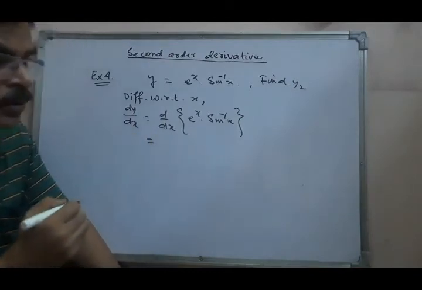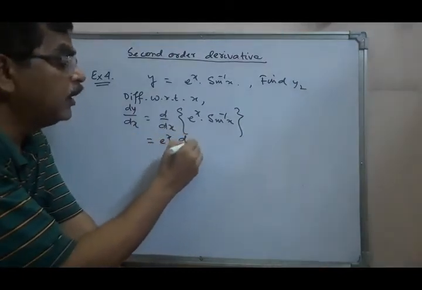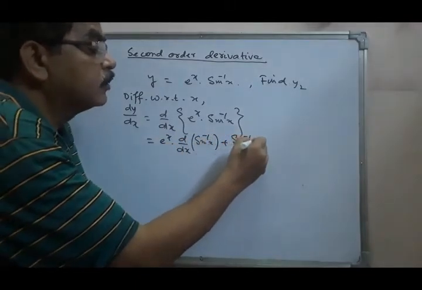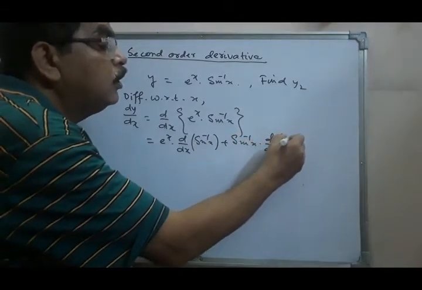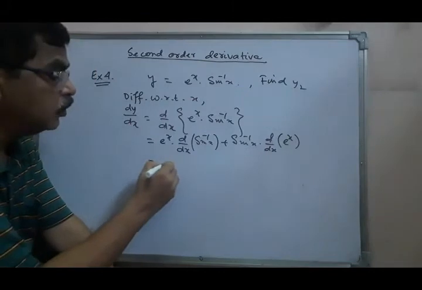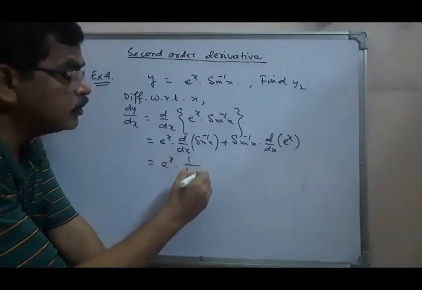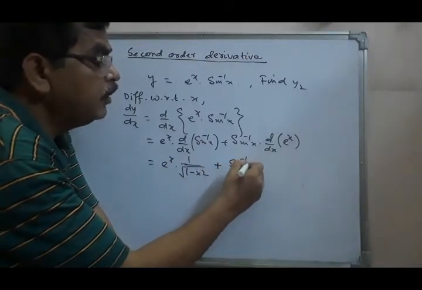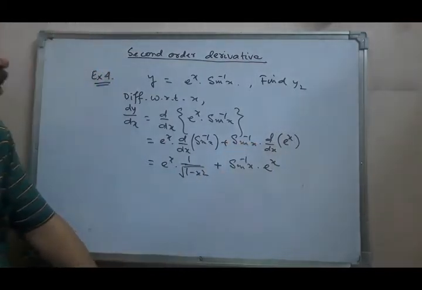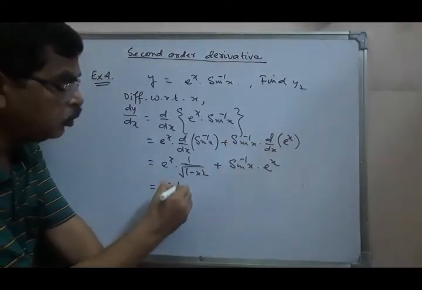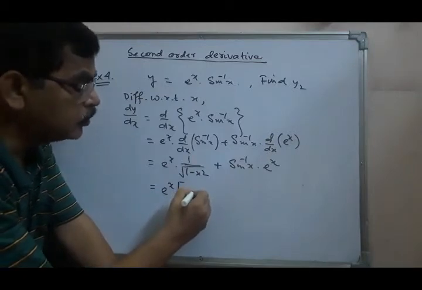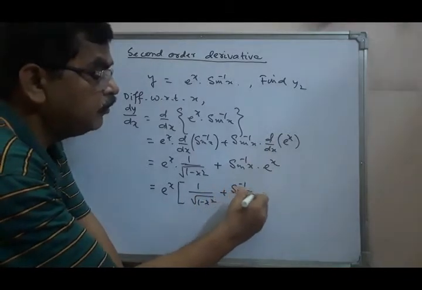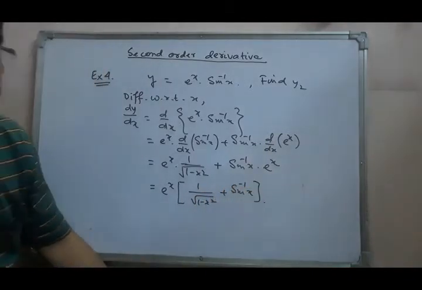So it is a product function. e to the power x into d/dx of sine inverse x plus sine inverse x into d/dx of e to the power x. So e to the power x into 1 by root over 1 minus x square plus sine inverse x into e to the power x. So what is common we have? e to the power x. So it becomes e to the power x times (1 by root over 1 minus x square plus sine inverse x). So first order derivative is completed.